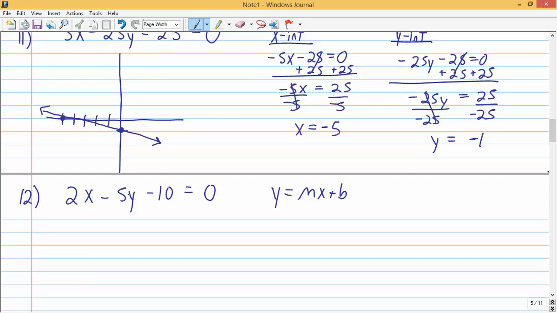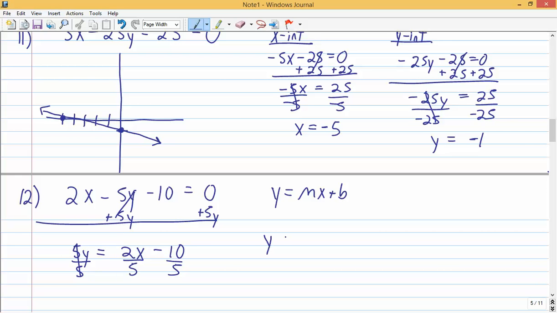The easiest way to do that is not to move the 2x over and move the 10 over. The easiest way would be to move the 5y over, so you say plus 5y to both sides, and then simply flip your equation around where you write the right side first. So I would have 5y equals 2x minus 10. Then divide everything by 5.